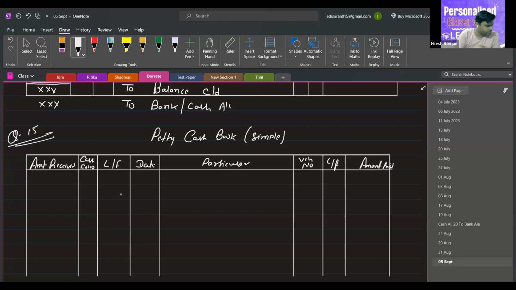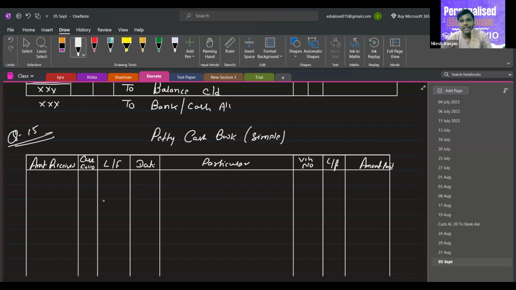Okay, so first of all, in this question, it is said that balance in hand, there is an opening balance, and if there is any opening balance given, then it means the system is imprest system. In simple system of petty cash book, there is no balance, because after finishing his amount, the petty cashier goes to the accountant.